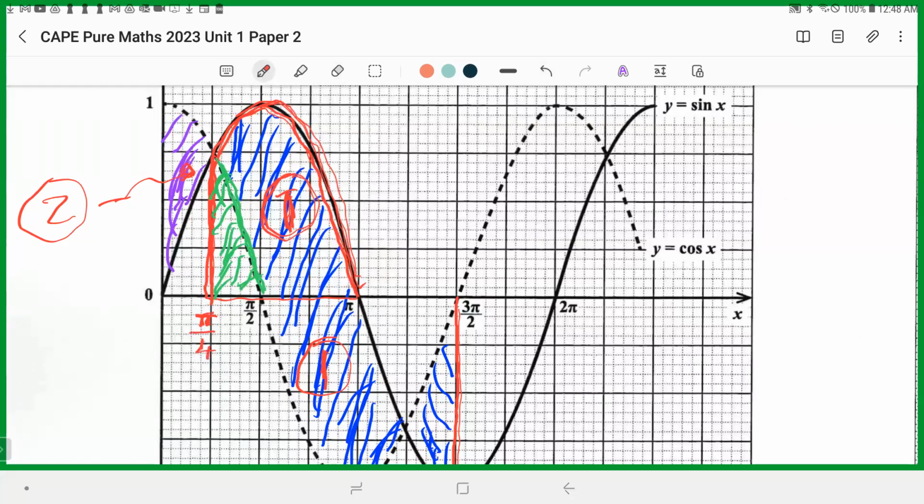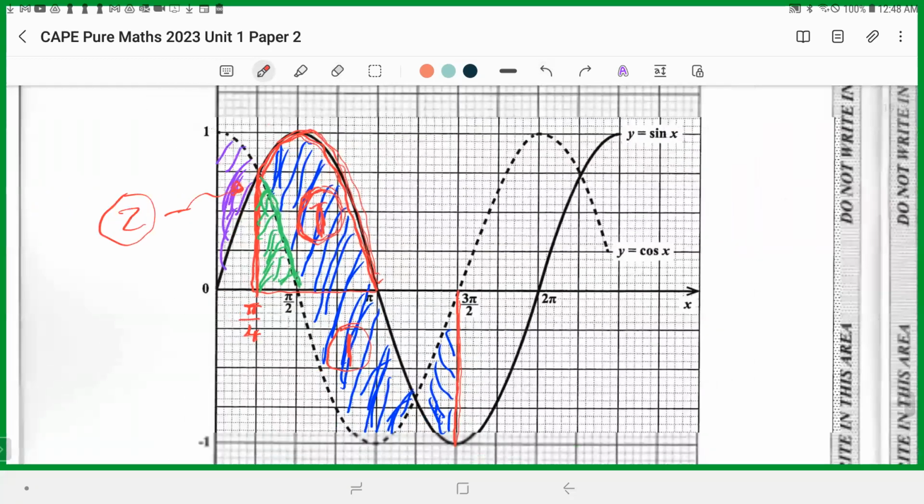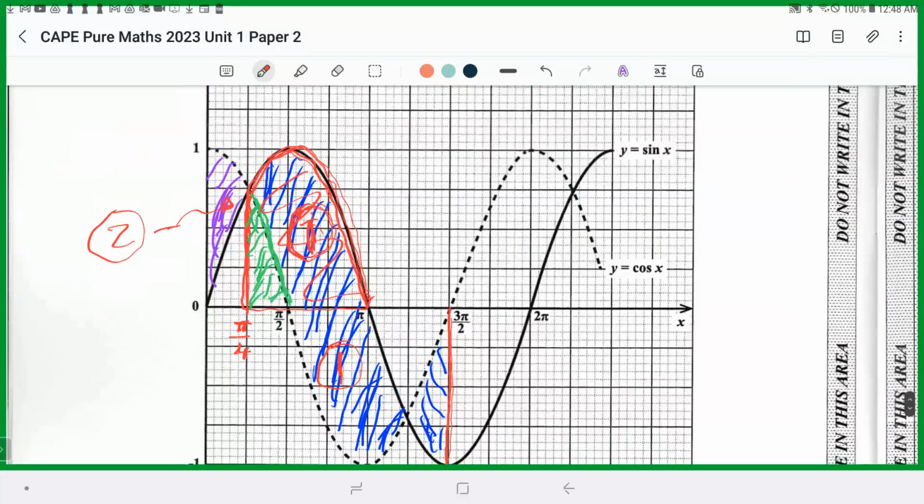So to get area 1 up here, I'm going to multiply by 2 to get the other part down here, to cover the area in between this section. Then I'm going to add this area to account for that area. So how do I get area 1? It is the area under the sine graph.